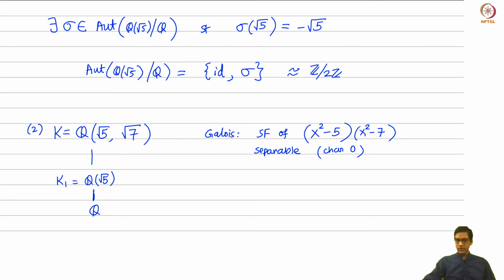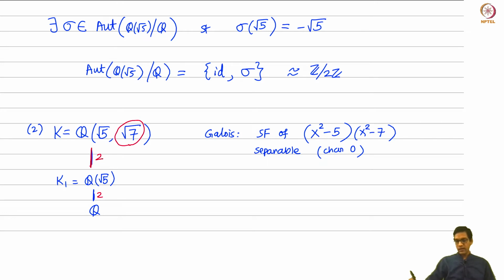What we already know is that Q(root 5) over Q is of degree 2. To that field k1 we are adjoining an additional element, square root of 7. Now we need to figure out what the degree of this extension is. I claim that this is also a degree 2 extension.